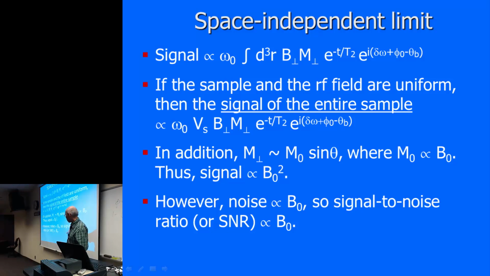So again, the comment is this is the reason why people want to have high field machines. Because with a high field machine, your signal to noise ratio is higher and higher, which is linearly proportional to the field strength. And for any experiments you want to do, the signal to noise ratio is the most important thing that you need to have.